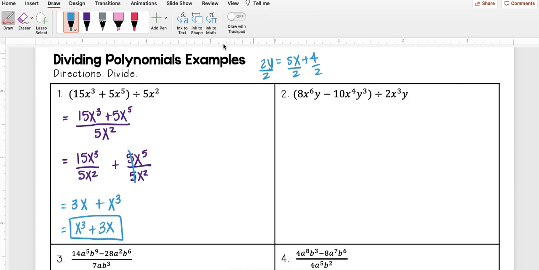Okay, let's try another one. So now I have 8x to the 6y minus 10x to the fourth y cubed, all divided by 2x cubed y. So I'm going to rewrite this as a fraction. But really, I want to divide both terms by the 2x cubed y.